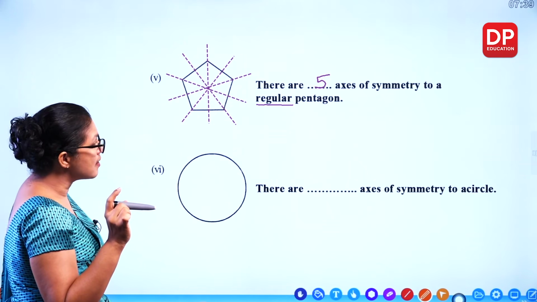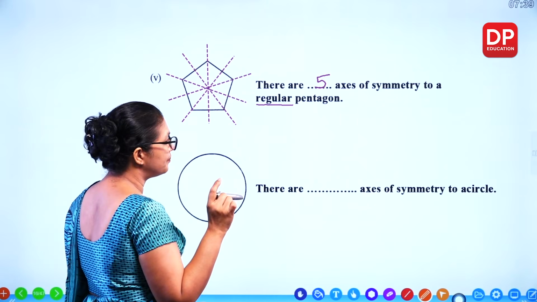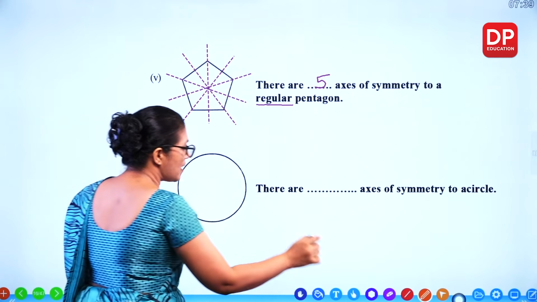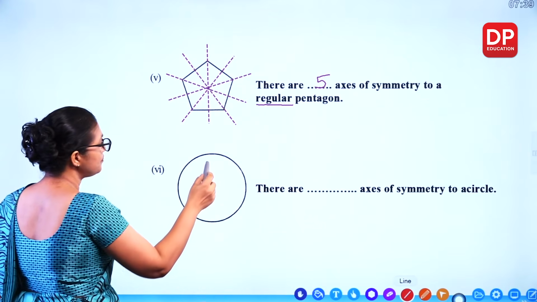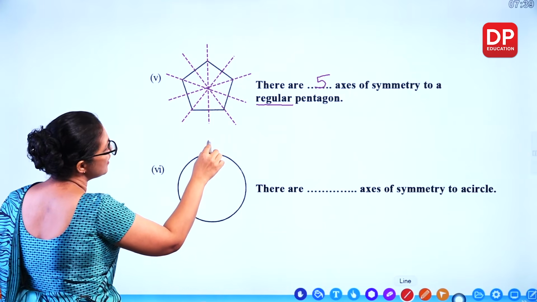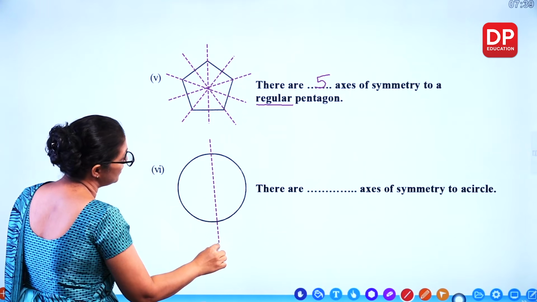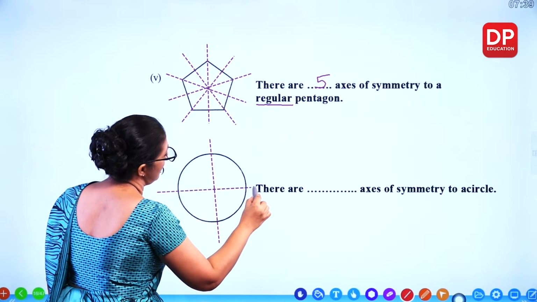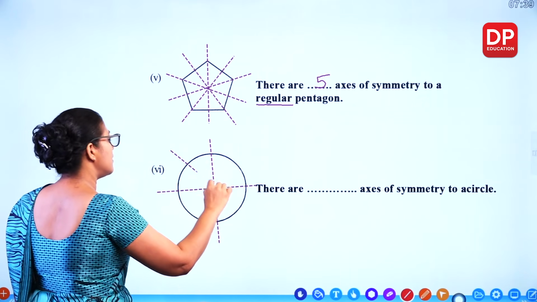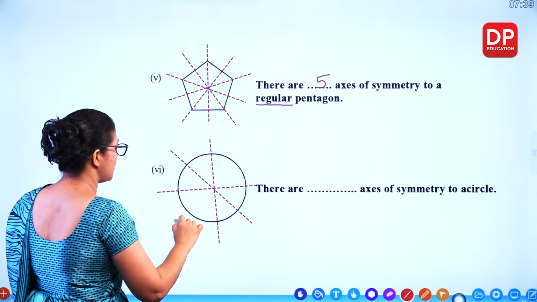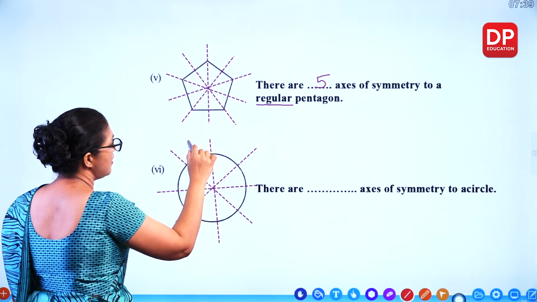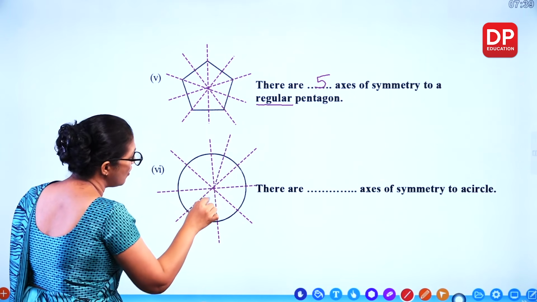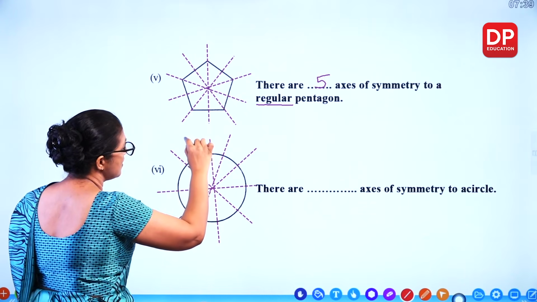Now this is a circle. A circle, how many symmetrical lines are there? So symmetrical lines you get here. You can draw another line here. This way also you can draw. And here you can draw another line like this.